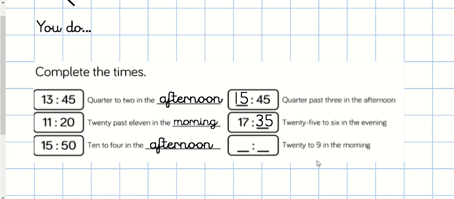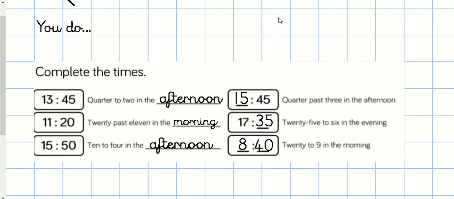And finally, 20 to 9 in the morning. So we know in the morning we're going to have 8. And we've got 20 minutes till 9 o'clock. So we know that to make up to our hour from 20 minutes to get up to 60, we need 40 minutes. Well done if you got all those right.